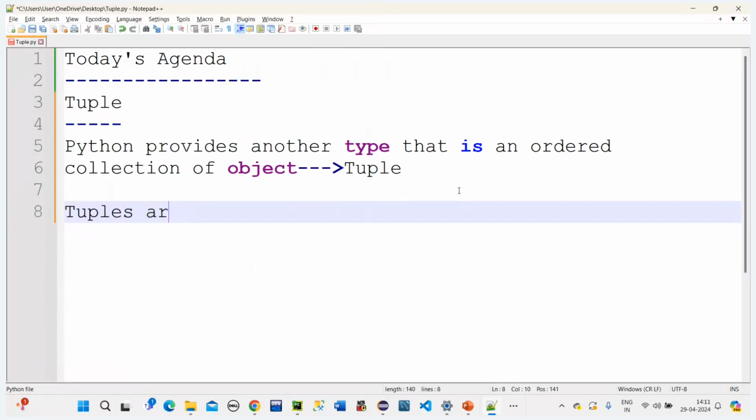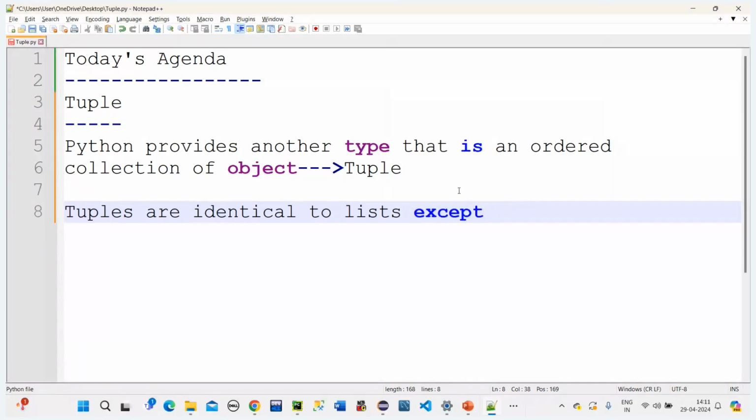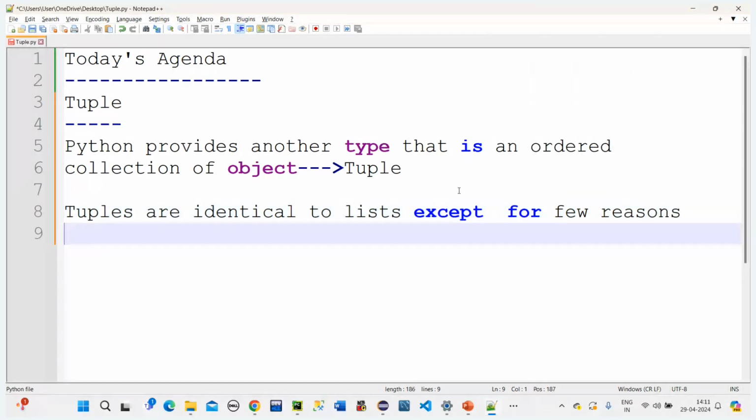Tuples are identical to lists, except for a few properties. Let's see what the reasons are which make the tuple different from a list.